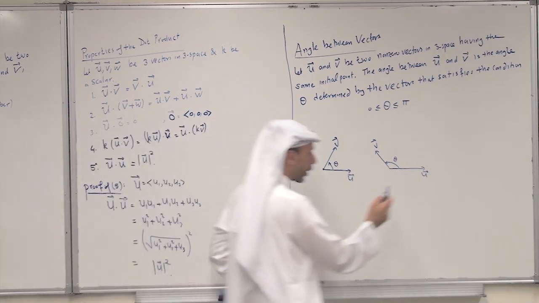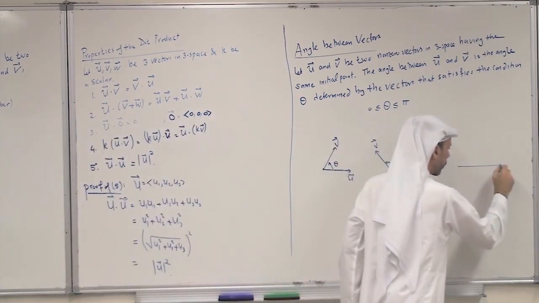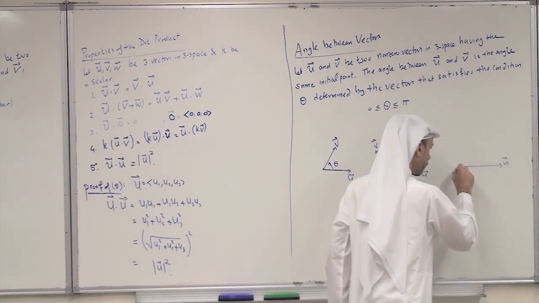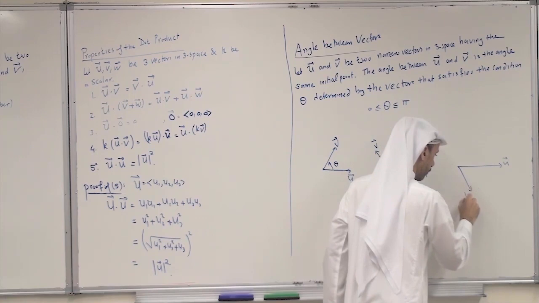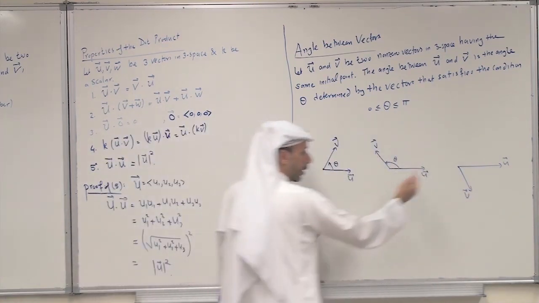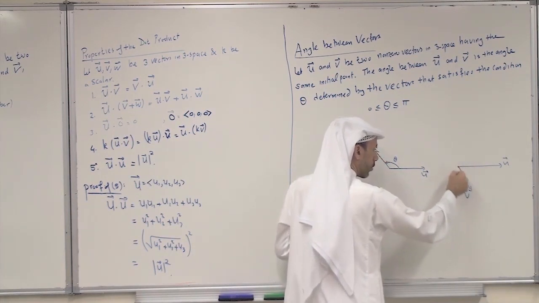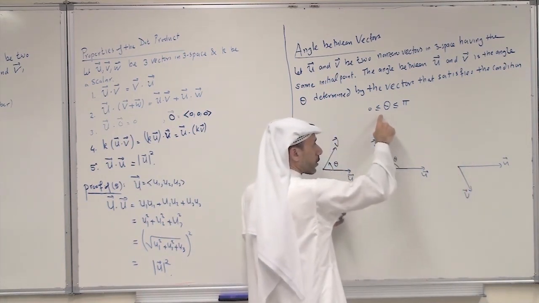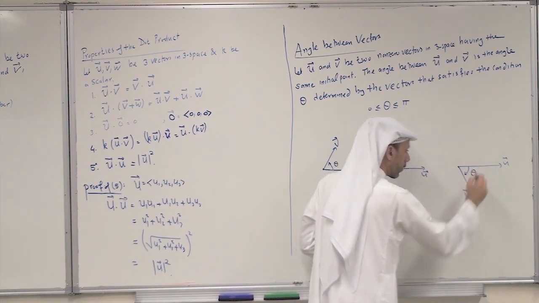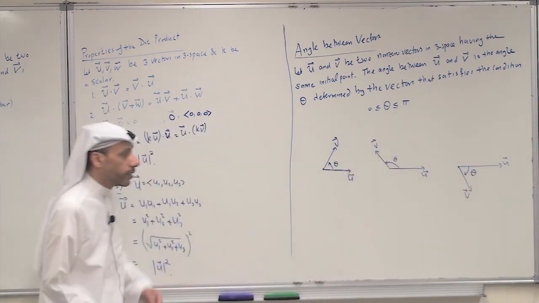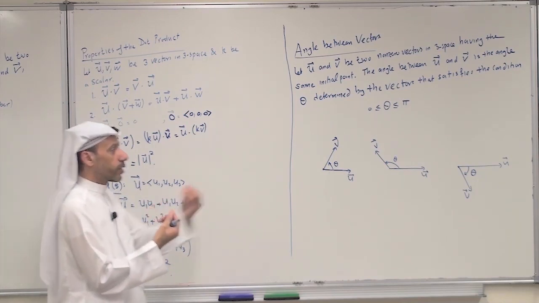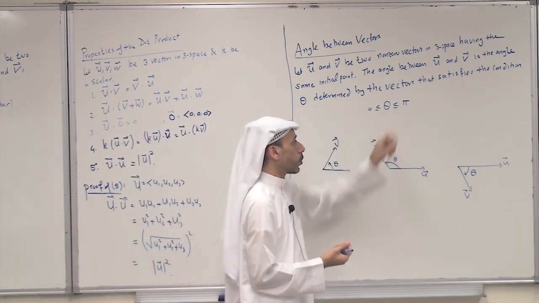If we take, for example, these two vectors, this is u and this is v. Again, either you have this one or the outer one. We take the smaller one, the one satisfying this condition, and this will be this angle here, theta. So this is the definition of the angle between two vectors. It has to satisfy the condition theta between 0 and pi.